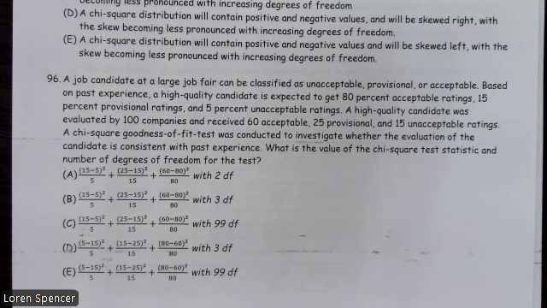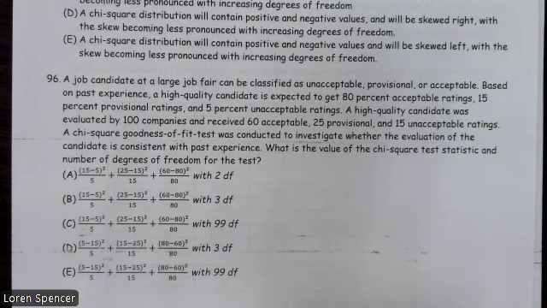A high quality candidate was evaluated by 100 companies and received 60 acceptable, 25 provisional, and 15 unacceptable ratings. A chi-square goodness of fit test was used to investigate whether the evaluation of the candidate is consistent with past experience.